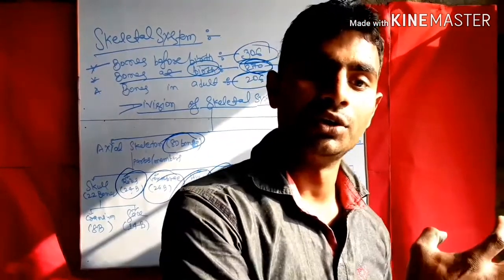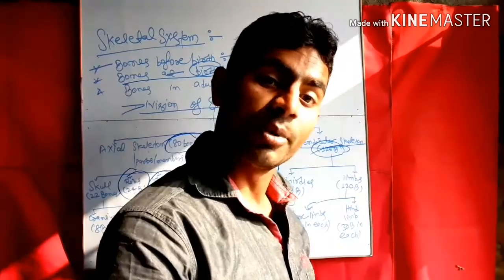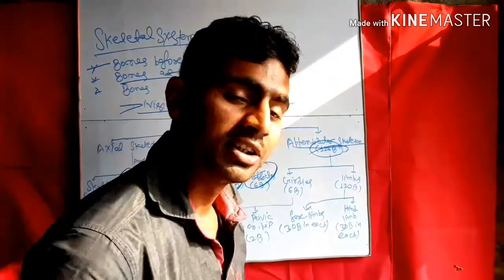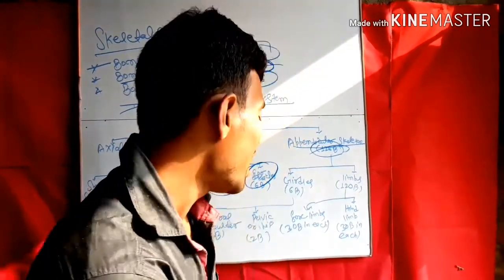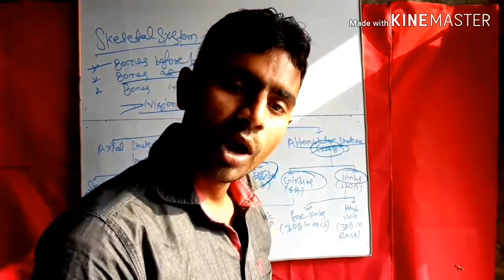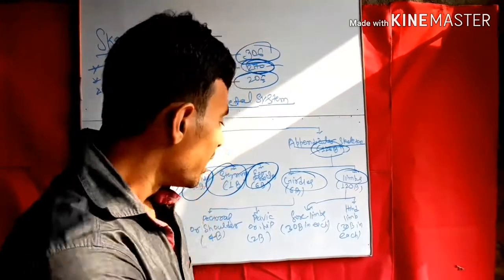You can see here, and you can also see in your body that the appendicular skeleton is divided into 2 parts. One part is the girdle part, another part is the limbs.